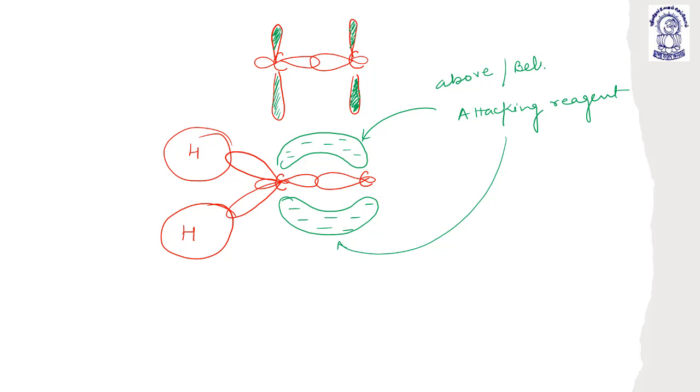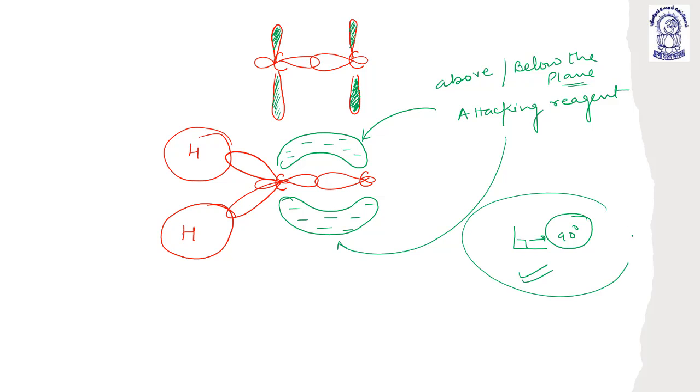As the plane of the pi bond and the plane of the sigma bond are at 90 degrees, the maximum rotation possible is 90 degrees. Because the electron density is above and below, they can maximally rotate between 0 to 90 degrees.